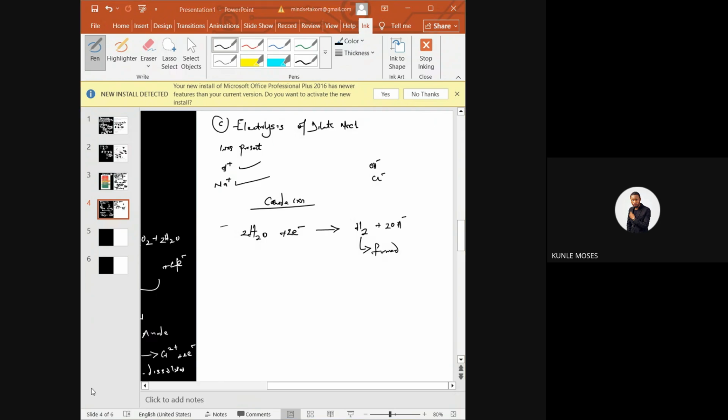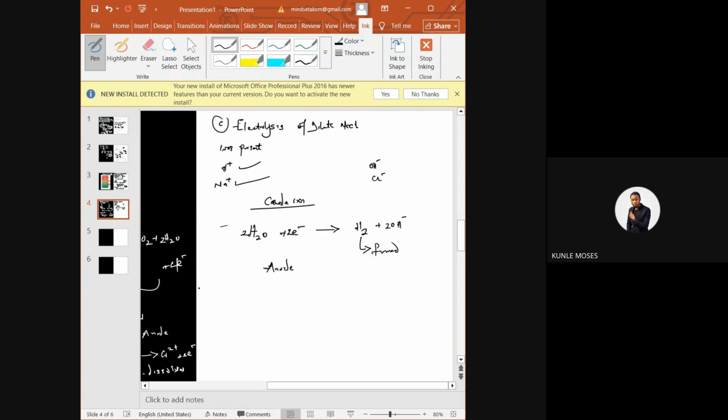So at the anode, can somebody help us? What will be formed at the anode between Cl minus and OH minus? OH minus will be discharged instead of chloride, isn't it? At the anode.